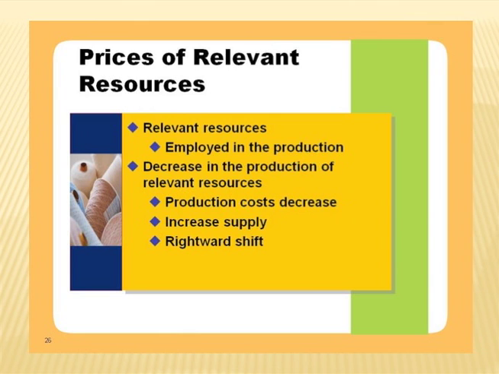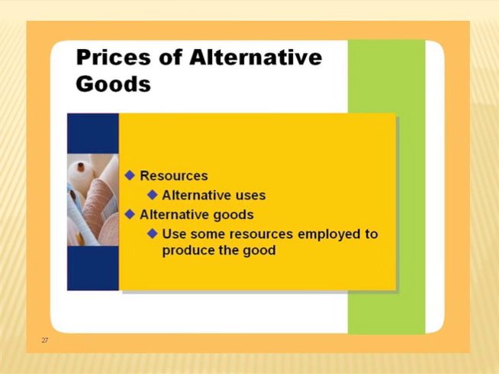On the other hand, if we had an increase in production cost, it would shift it in the opposite direction. So if we had an increase in the cost of the people that we employed, or an increase in the cost of the flour that we used, or an increase in the cost of cheese, then it would actually shift the curve in the opposite direction. It would shift it to the left, and it would mean that at the same price we would produce lower quantities.